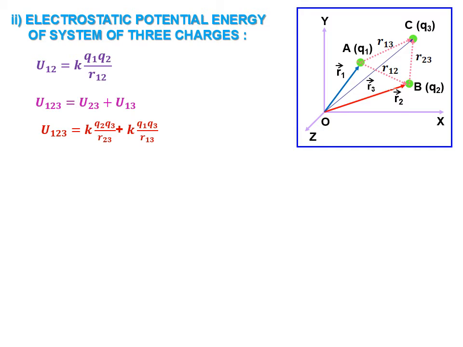First we found U12 for the system of two charges. Now the third charge will be repelled by the charge at A, so you have to do work against the charge located at A, that is Q1, and then against the charge located at B, that is Q2. So there will be two terms now, and those two terms are K Q2 Q3 upon R23 and K Q1 Q3 upon R13.